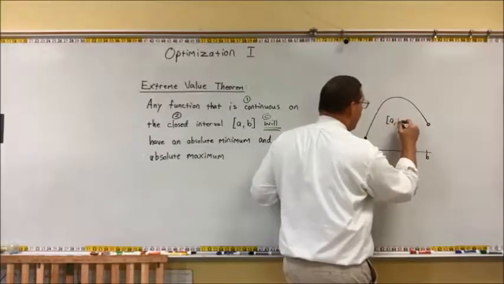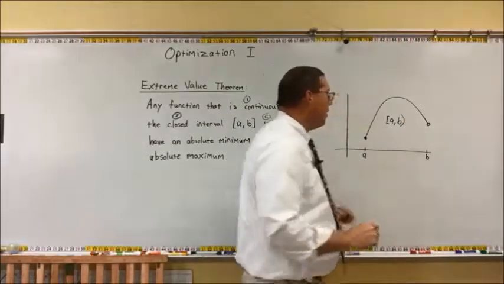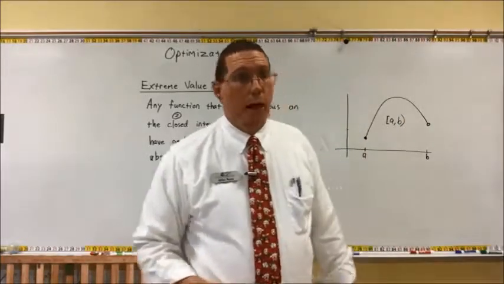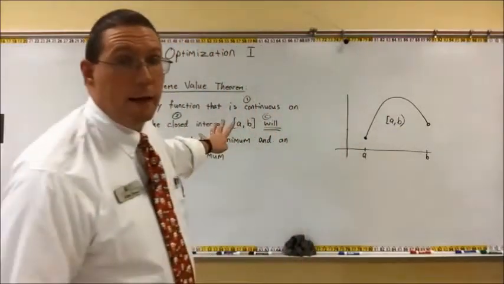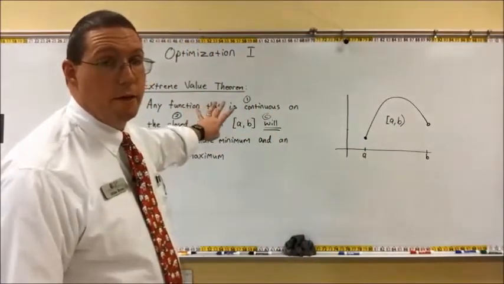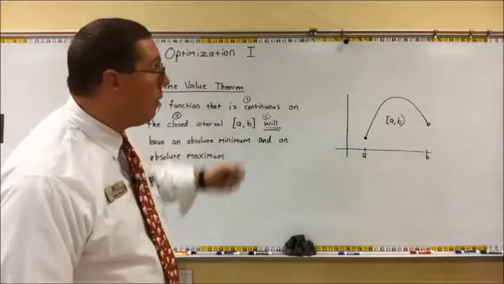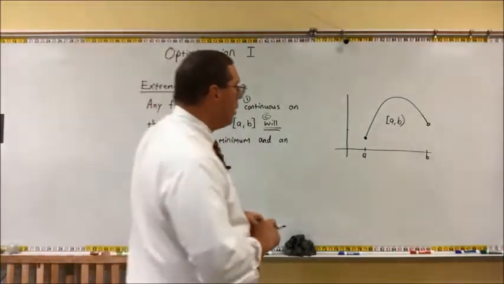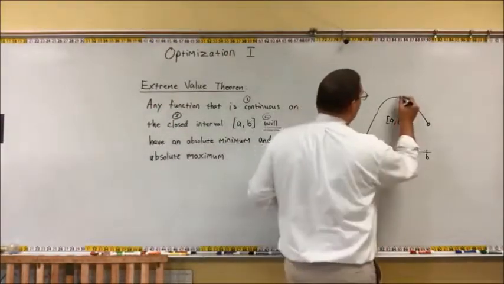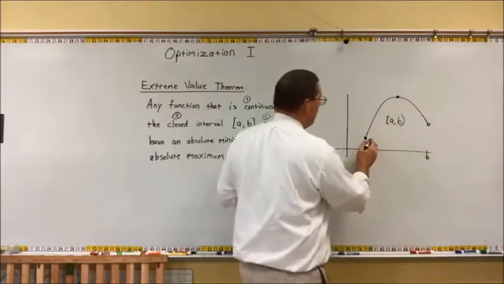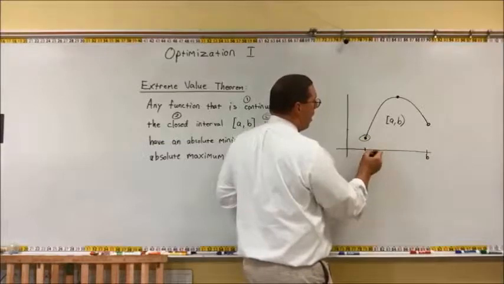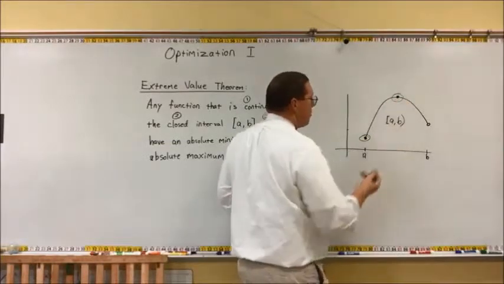We're going from a up to b, but on the b end, it's an open interval. And therefore, the extreme value theorem cannot be applied at all. However, interestingly, we still actually have an absolute maximum and an absolute minimum. The absolute minimum is at the endpoint that includes A, and the absolute maximum is in the middle.